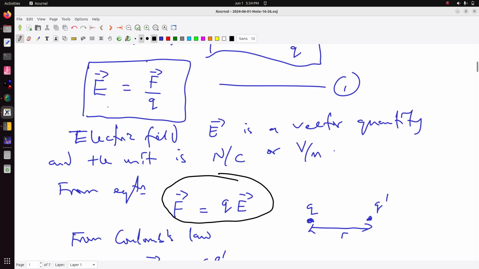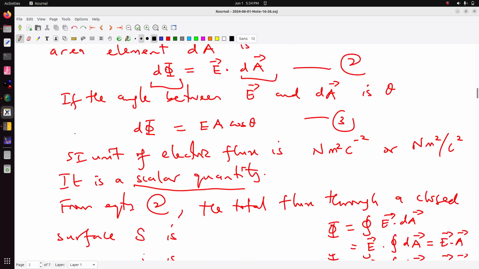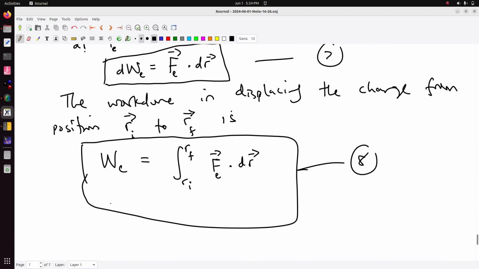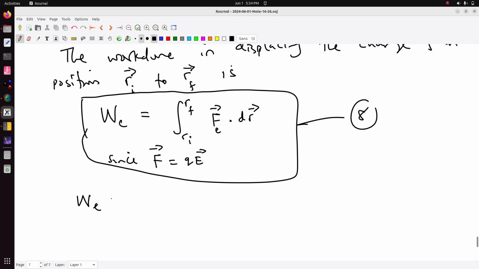So if we substitute F equals QE into this expression, we can write the work done with QE instead of Fe. Q is a constant, so we can take it outside: the integral from Ri to Rf of the electric field dot dr. Let me label this as equation 9.